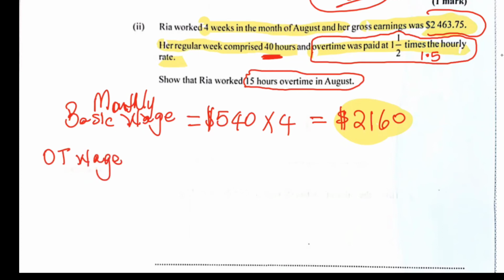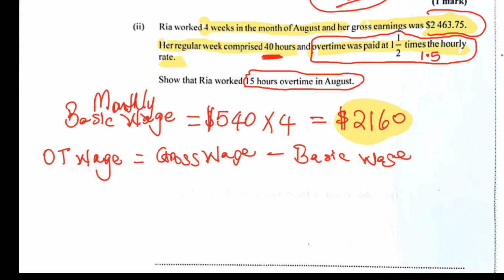So the overtime wage would have been your gross. I'm writing a quick formula. Your gross wage, and you want to take out of that the basic, which is what you would have made on a normal basis. What are we referring to? You're referring to $2,463.75.